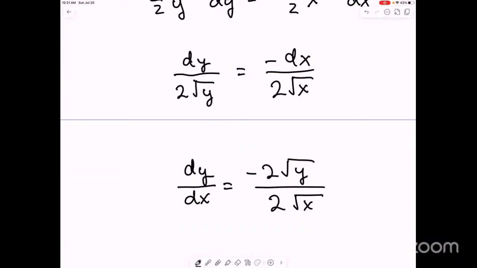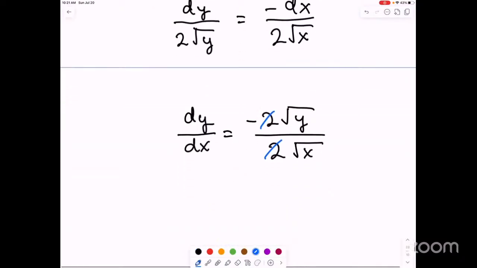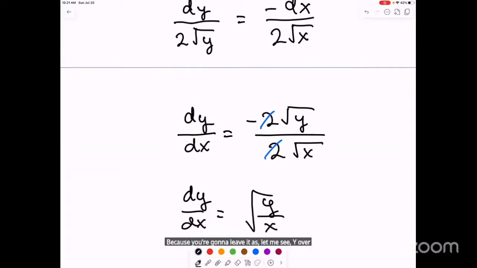I guess you can leave it as negative square root of y over x, like that. That's fine.